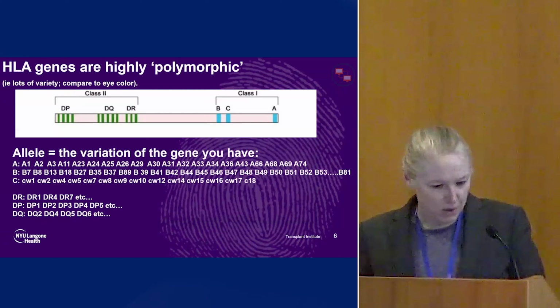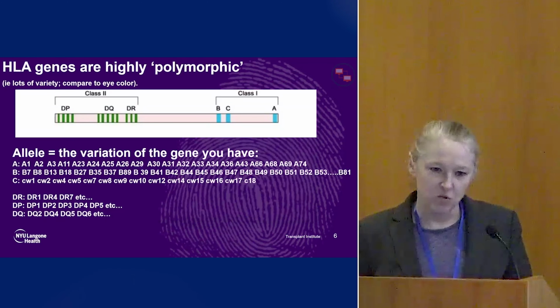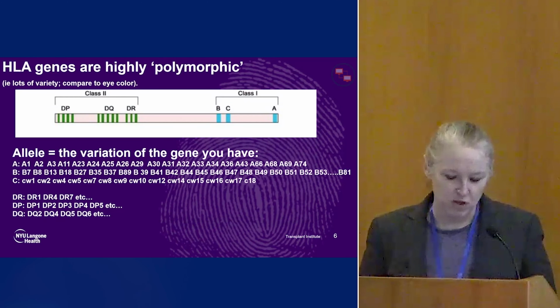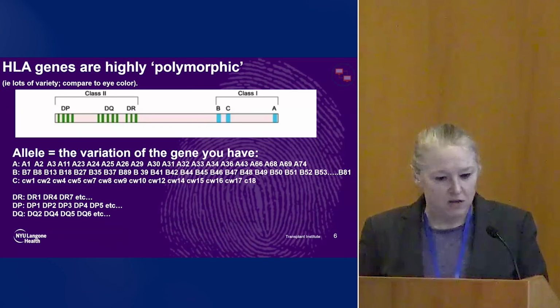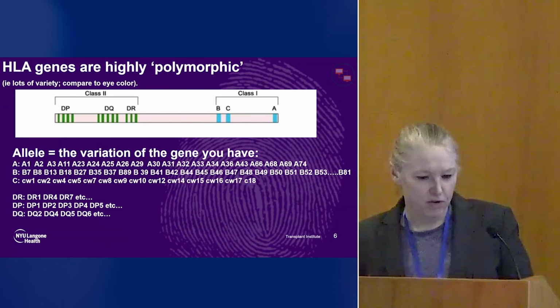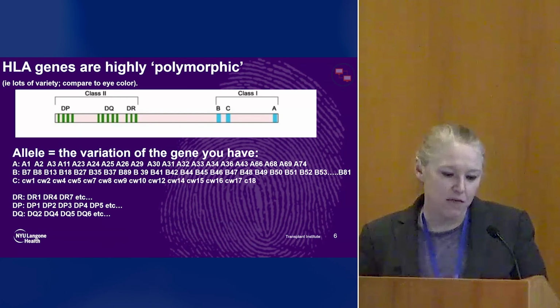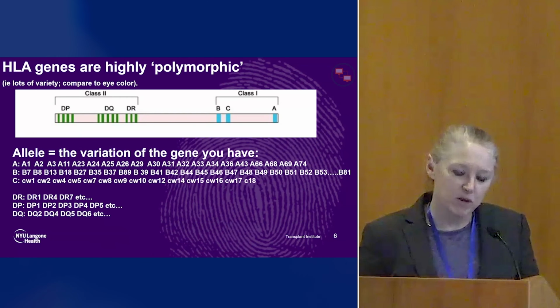And it's relevant to talk about all this because it plays into why matching between donors and recipients is so complex. These genes are what are referred to as highly polymorphic, meaning that there are multiple different varieties of expressions of these genes. If you equate it to eye color, there's really only a couple different expressions: there's blue, there's brown, there's green.